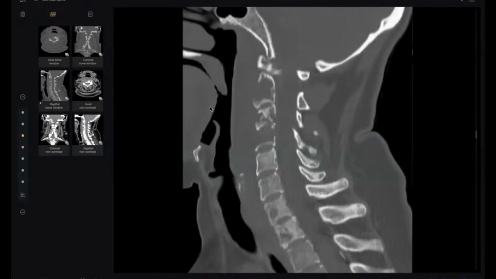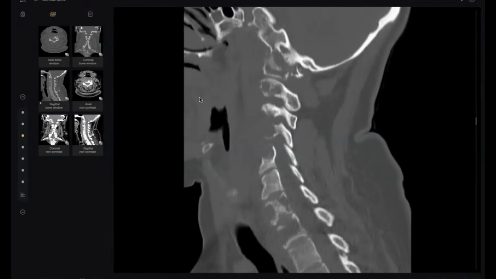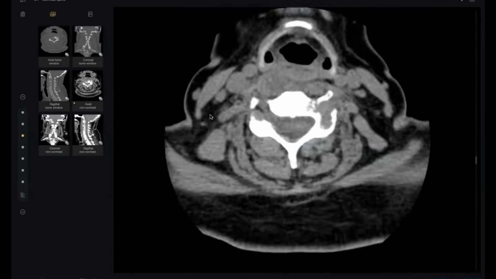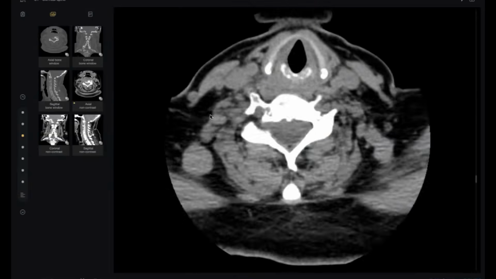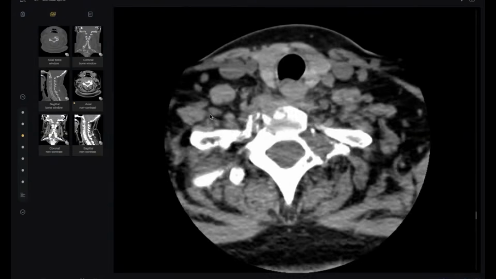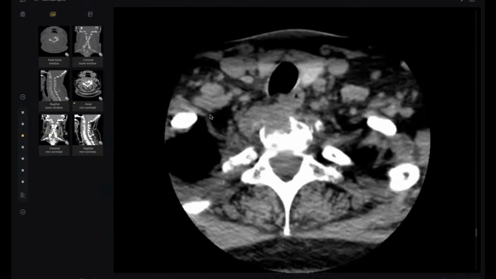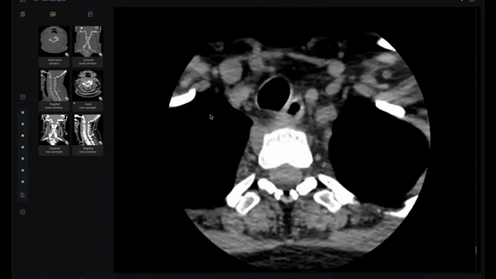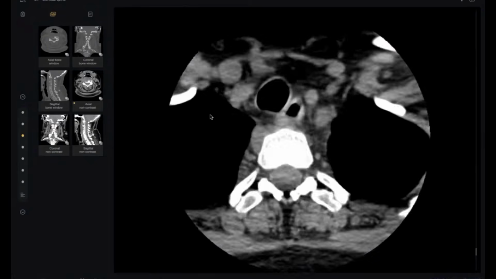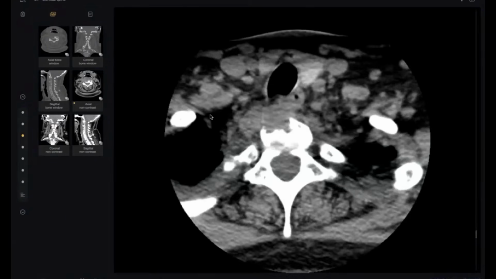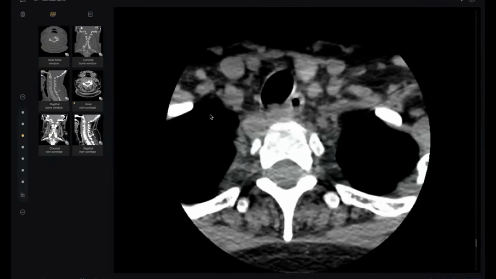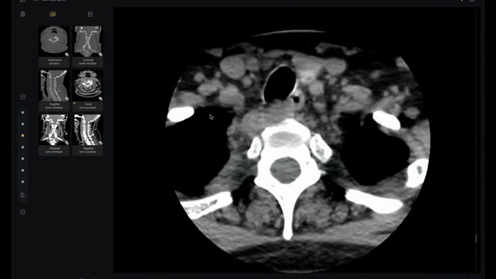Can I check the soft tissue window? Sure. In the soft tissue window, I see soft tissue thickening or collection anterior to the vertebral bodies, with again redemonstration of the underlying destruction of the cervical vertebrae. There is supraclavicular lymphadenopathy.